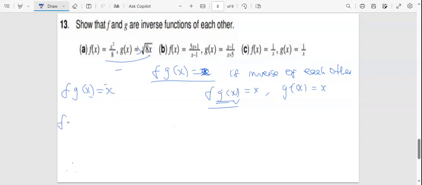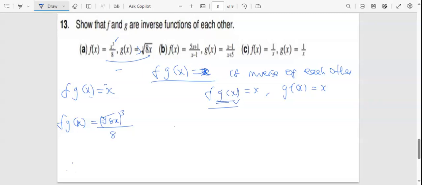So f of x we know is what? Whenever there's x, we are putting that guy. So we have the cube root, okay? Then to the power 3, this 3 here that we can see there, then over 8 like that.